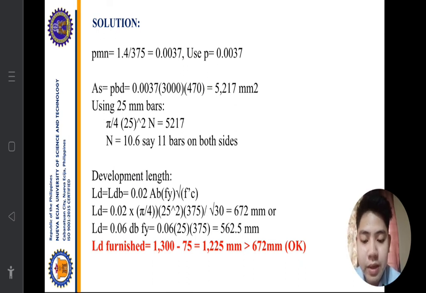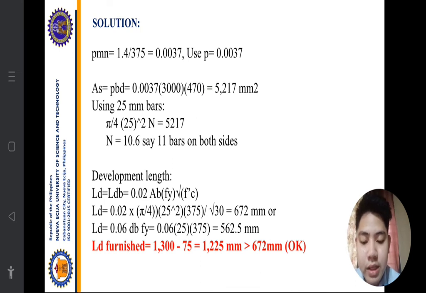Using 25 mm bars, N times pi over 4 times 25 raised to 2 is equivalent to 5,217. Our N therefore is going to be 10.6. Rounding up, let's say, 11 bars on both sides.